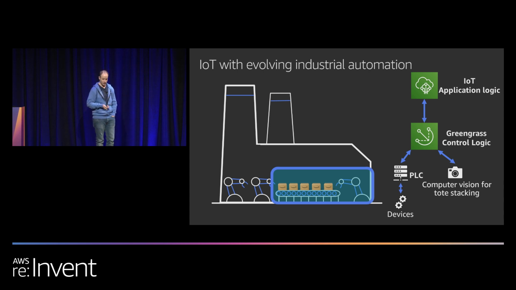So here we have our Greengrass control logic layer now in between the IoT cloud layer and your devices. So the Greengrass control layer is located on an industrial PC, sitting next to or very close to your equipment. In this case, we have it connected directly to our PLC and the computer vision system. So let's zoom in and take a look at what's inside this Greengrass control layer.